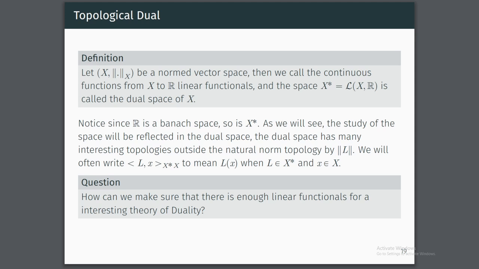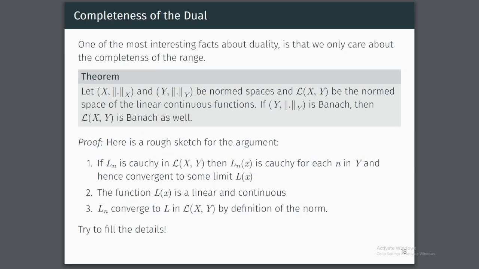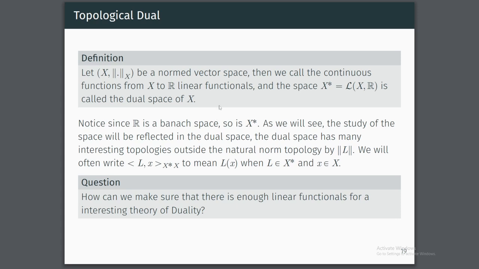And because R is Banach, so is the dual space. That's why this theorem is so important. But as we will see very soon, the study of a space itself is going to be directly reflected in this dual space.